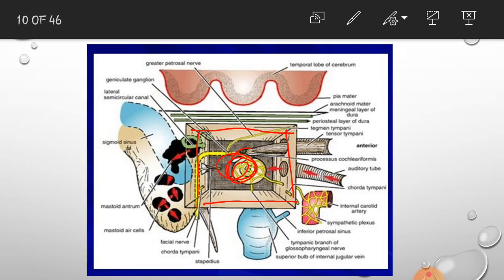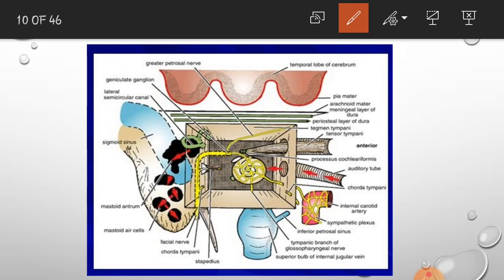Now there's another thing that I want to tell you here, that we have given names to these walls. This is in relation to important structures that are present around. For example, the anterior wall is named the carotid wall because it separates the tympanic cavity from the internal carotid artery and the carotid canal superiorly.